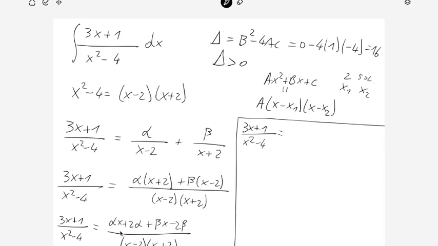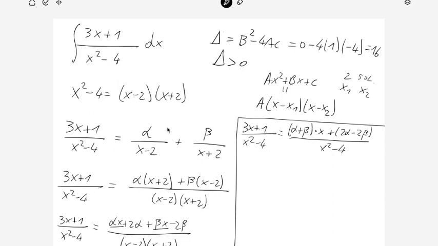So I factor x here: if I factor x, I obtain alpha plus beta times x, plus 2 alpha minus 2 beta, over x minus 2 times x plus 2, which is x squared minus 4.